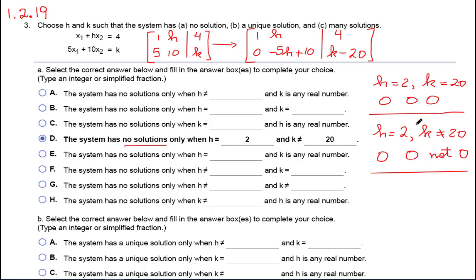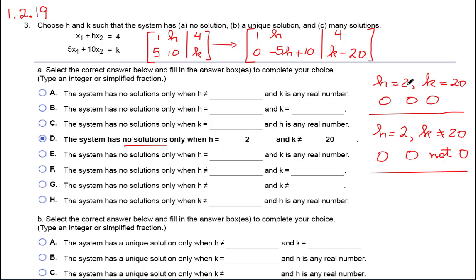If I have the situation where h is 2, making this a 0, but k is something other than 20, then this piece would turn out not to be 0. And so I've got 0, 0, and something not 0, which means I would get no solution.